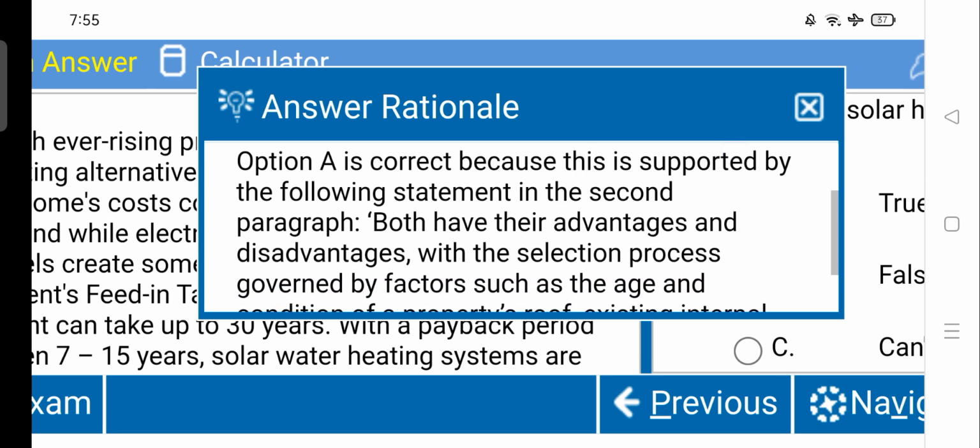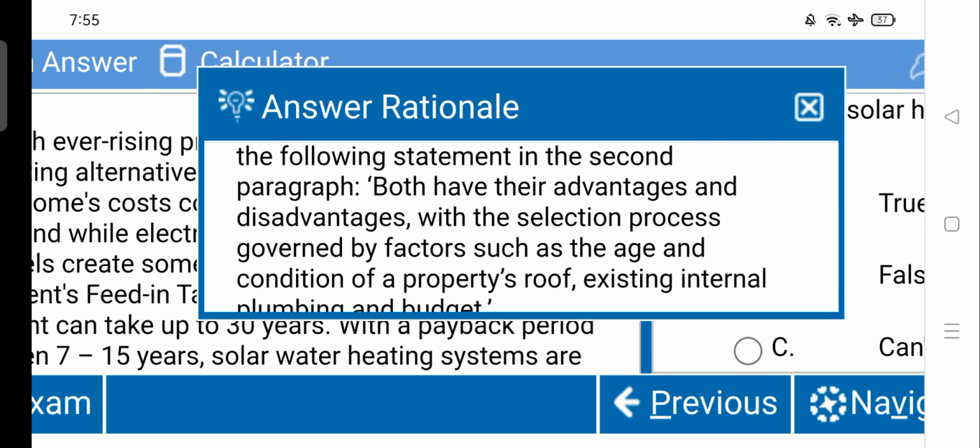So here we have option A is correct because this is supported by the following statement in the second paragraph: both have their advantages and disadvantages, with the selection process governed by factors such as the age and condition of a property's roof, existing internal plumbing and budget.